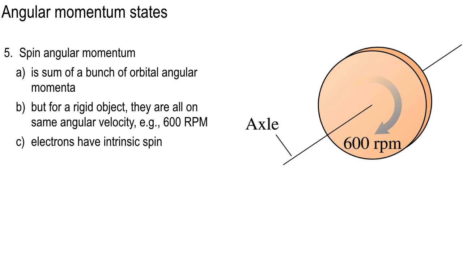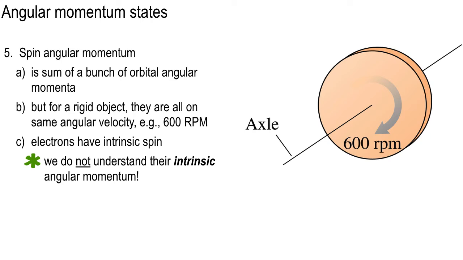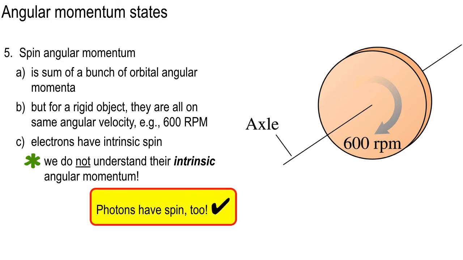So we know that electrons have intrinsic spin, but we don't understand why they have it. Nobody understands it. But we know it's there. That's the way the universe is made. It's little chunks of spin angular momentum, the momentum of spinning.